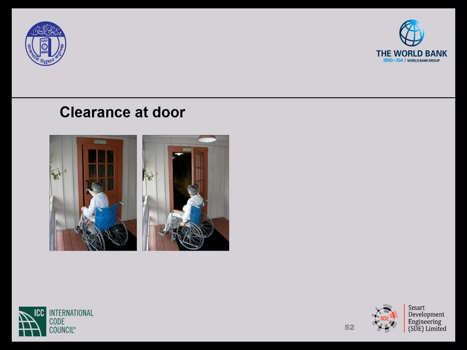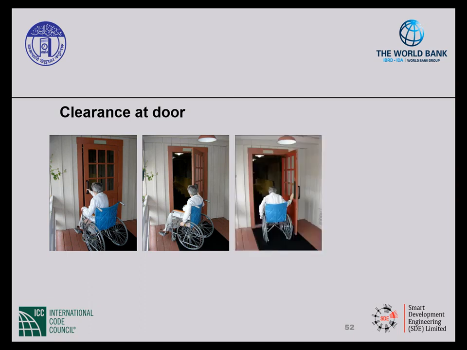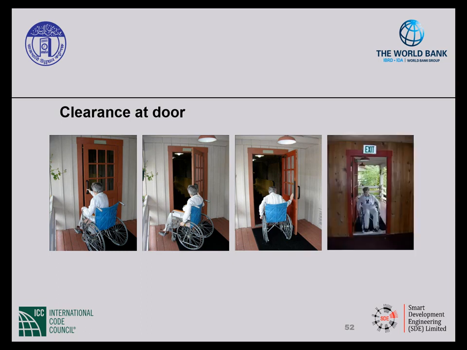Once they begin pulling the door towards them, they will need to rotate the wheelchair even further to the left, and as you can see, the foot plates have extended well beyond the edge of the door frame. Once the door is open 90 degrees, they can turn themselves back and align with the door opening, and as you can see from the other side, they will be able to make it through the door without any problems.